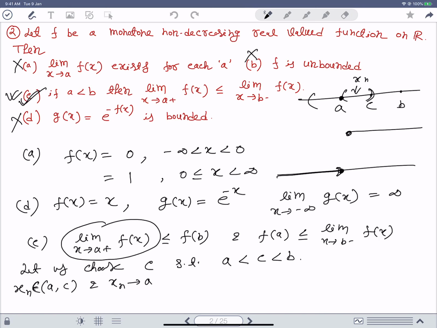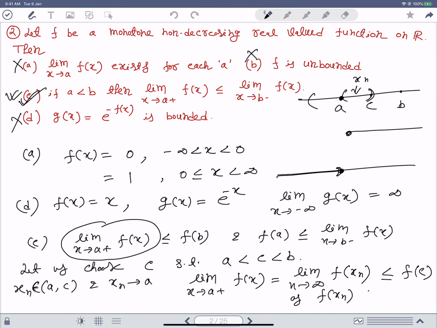Now, as x_n converges to a, the limit x tends to a plus of f(x) will be just limit n tends to infinity of f(x_n), and that is less than or equal to f(c), because f(x_n) is less than or equal to f(c), because f is monotone non decreasing.